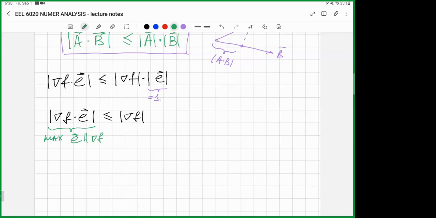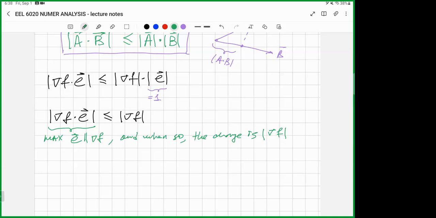And when that happens, this change is given by the modulus of the gradient.